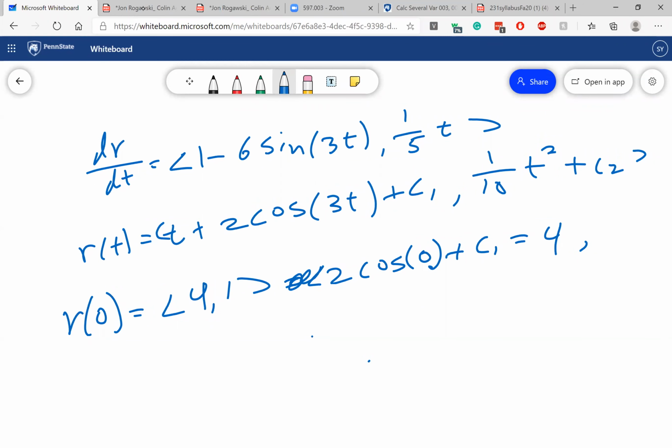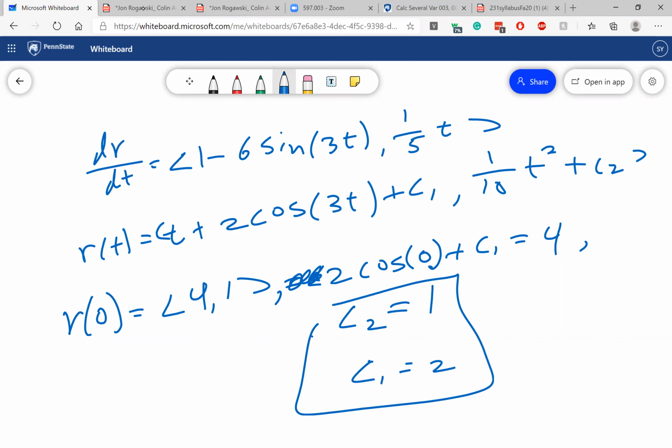The other thing that we get is that this side is 0, so C2 is equal to 1. So C1 is equal to 2 and C2 is equal to 1.